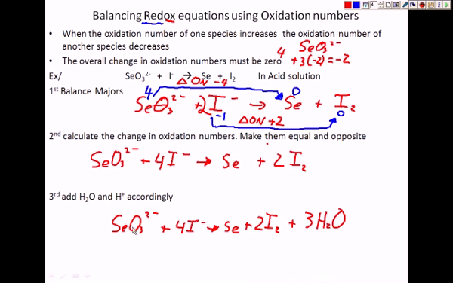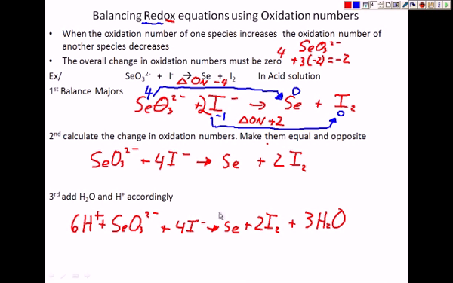Okay, so now oxygen's balanced. Now we need to balance our hydrogen, so I'm going to add 6 H pluses. Okay, and that's it.